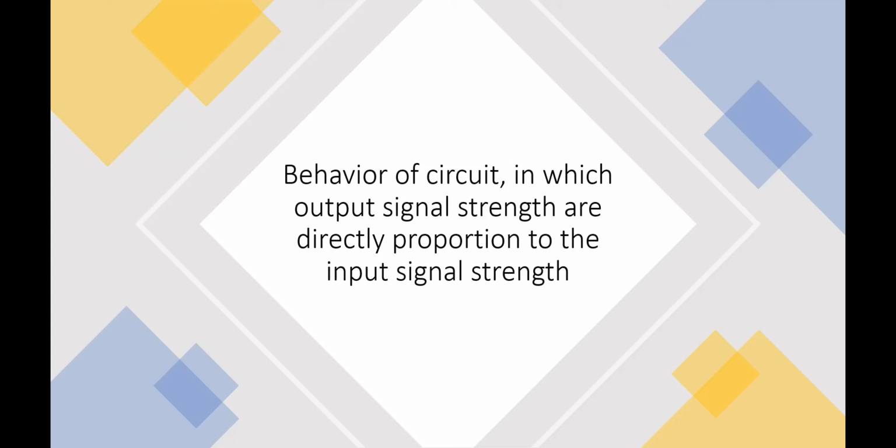This means if the input signal is around 0.5, the output signal will also be around 0.5. But if the input signal is really high, it will affect the output signal strength also. It will change a little bit.